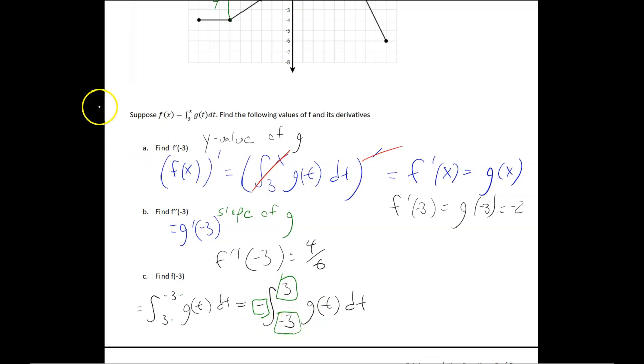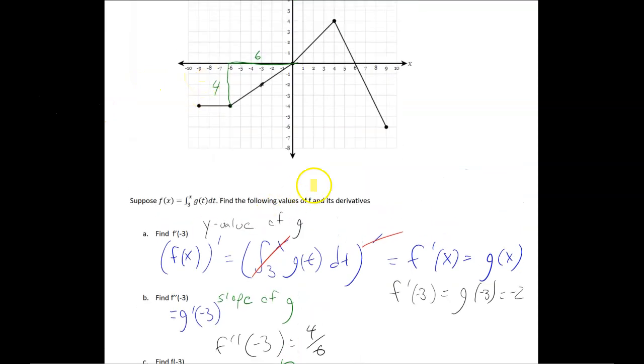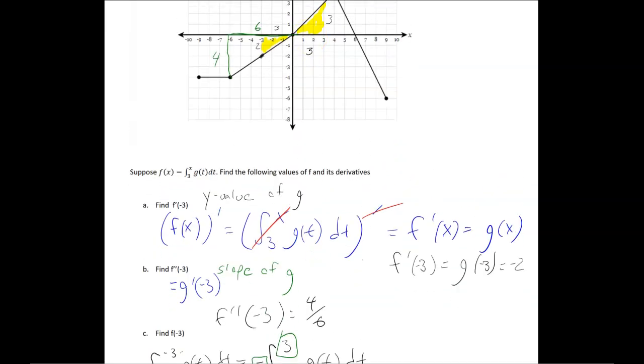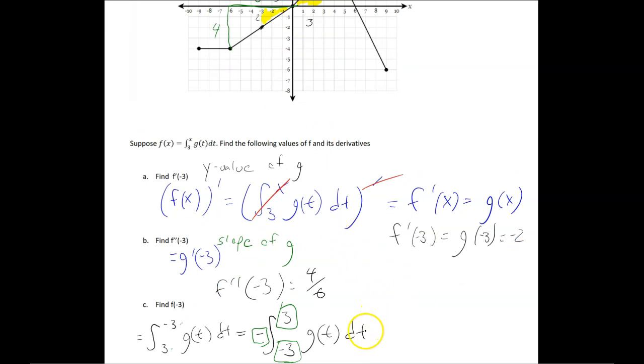And then my integration then is just the area, right? So we have this area and this area if we're going from -3 to 3. So here my height is 2, my width is 3, and then here my width is 3, and my height is 3. Right, so I would have, then I'm going to keep the negative in front.